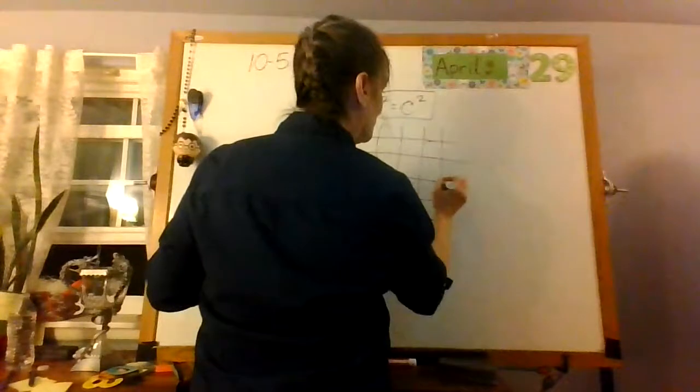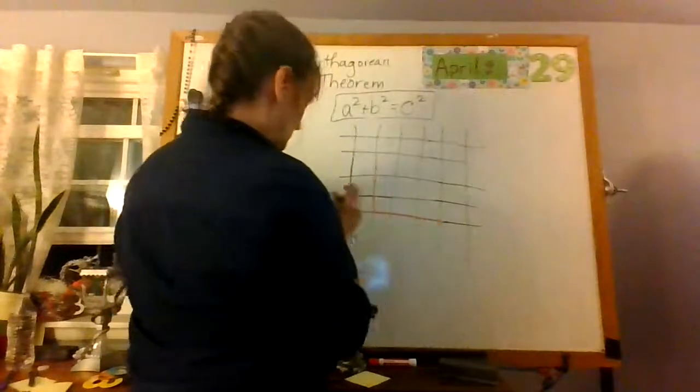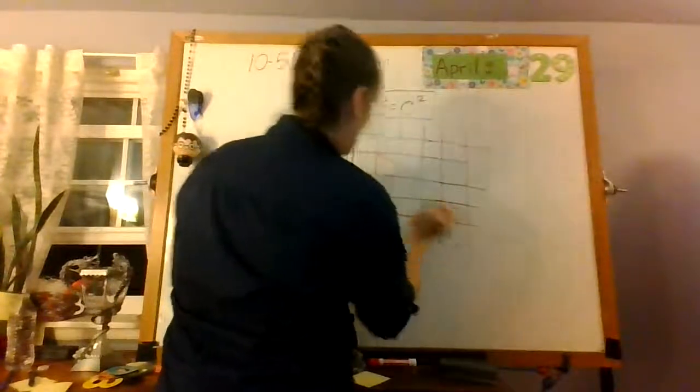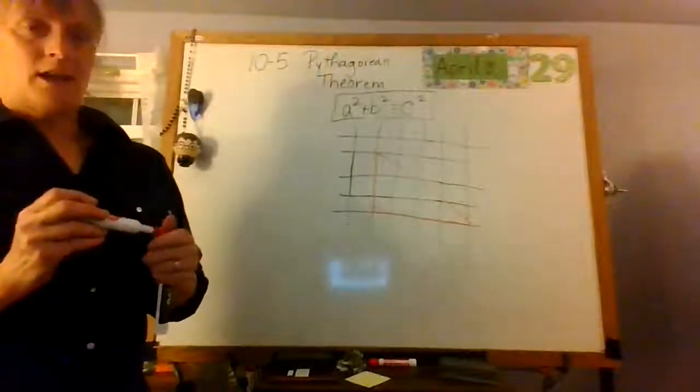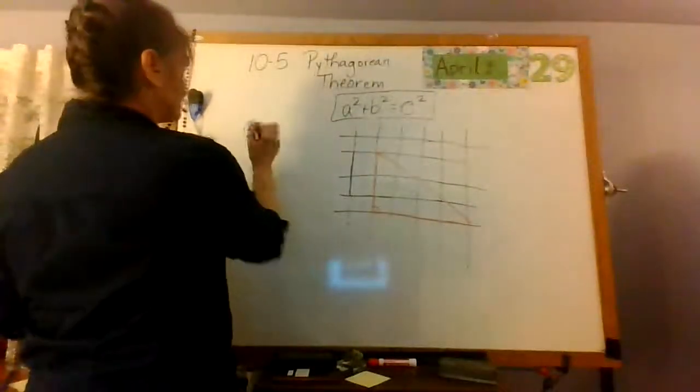Continue this on. 1, 2, 3. Okay, goes over here, and then it connects like this. So this is my right triangle. This is number 11. So we're going to do this one together.